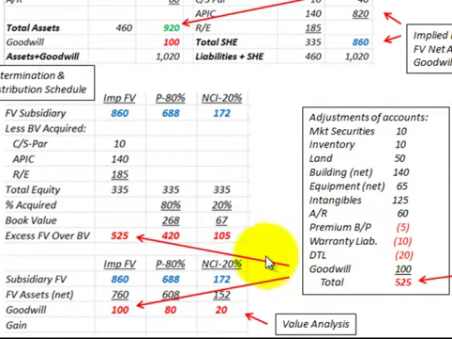Now that has to compare with our distribution schedule for the total excess of fair value over the book value for this subsidiary, and that was $525,000. So those two amounts have to compare, and that is the total. $525,000 are the total adjustments that have to be made to the subsidiary accounts based on its fair value.